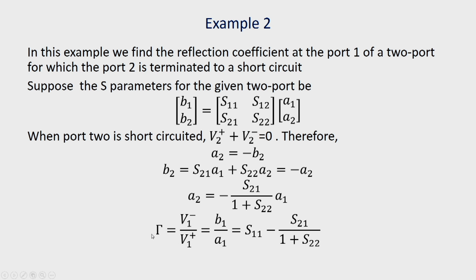So, the reflection coefficient is V1 minus divided by V1 plus, which is B1 by A1 and can be found as S11, and we replace A2 by this term. So, it is S11 minus S12 S21 divided by 1 plus S22.